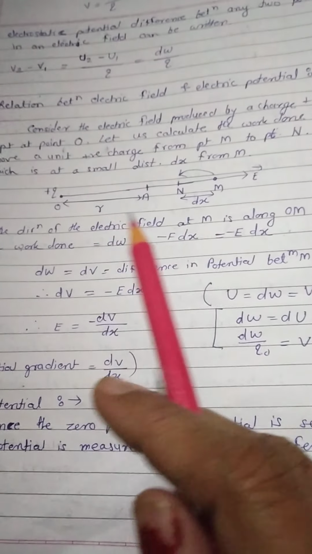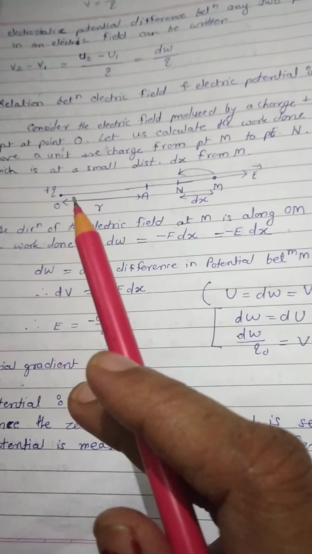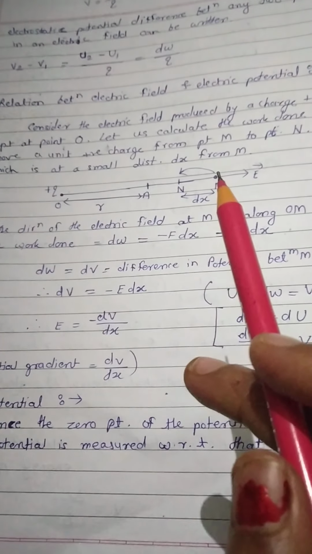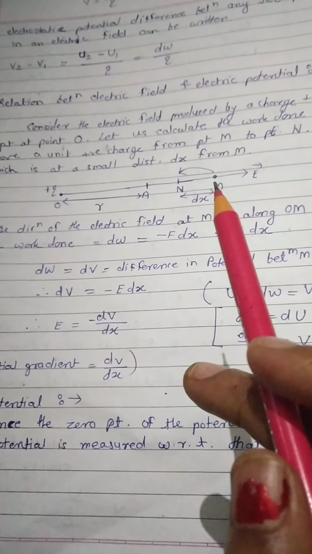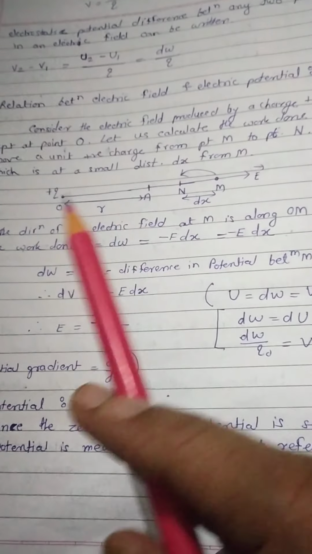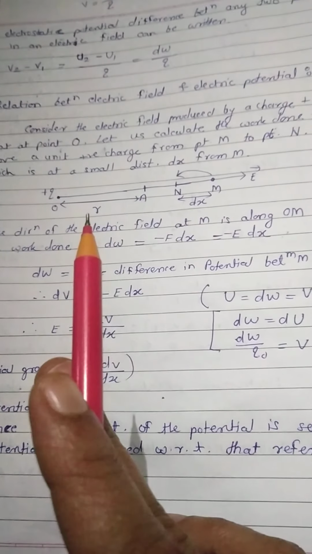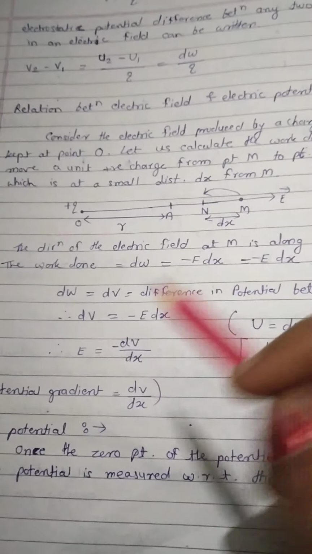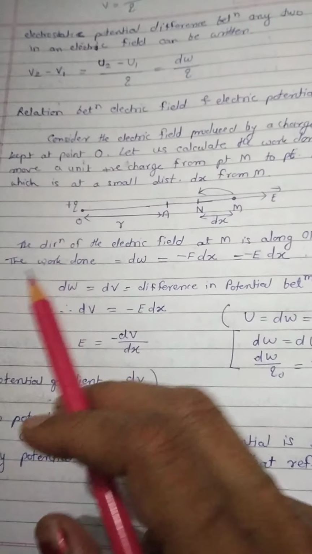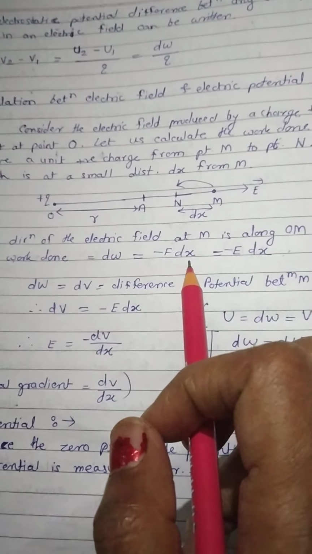Referring to this figure, plus Q charge is placed at O, E is the electric field, and a unit charge at point M is moved to point N through a small distance dx, and OA is the distance R. The direction of the electric field at M is along OM, and the work done is dW equal to minus F dx.